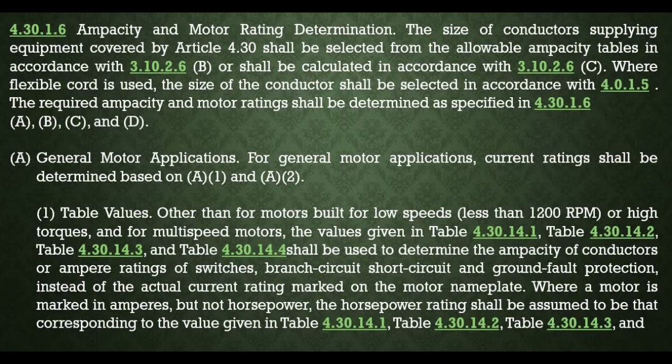For general motor applications, we use tables 4.30.14.1 through 4.30.14.4 to find ampacity, especially when horsepower isn't directly given.